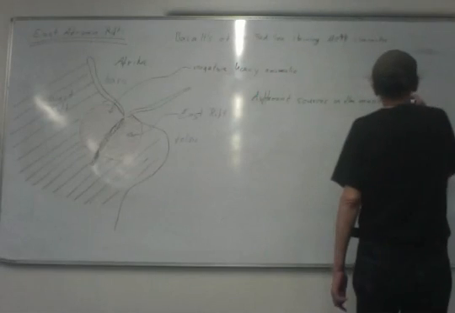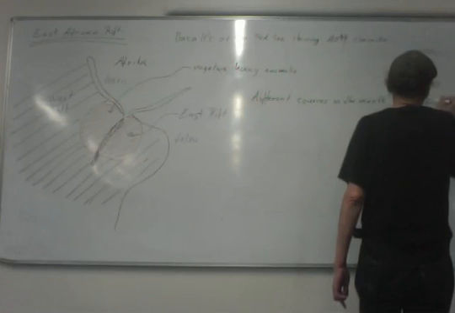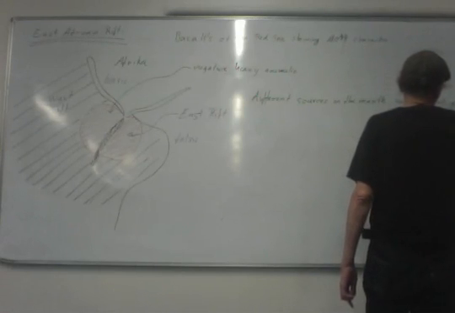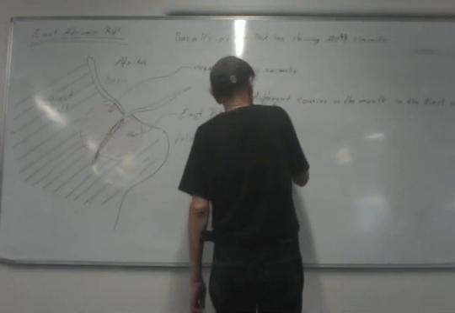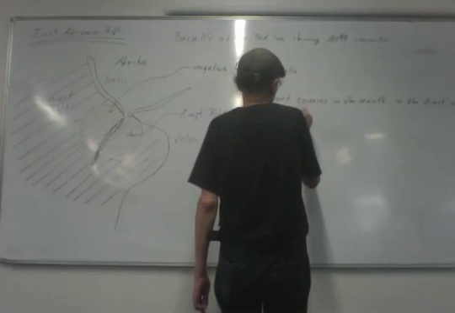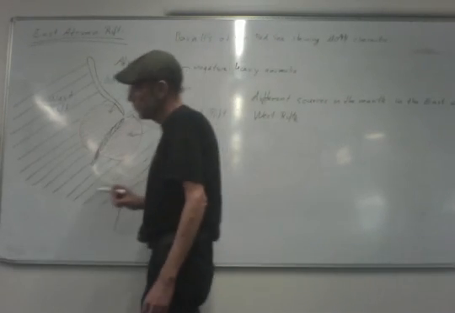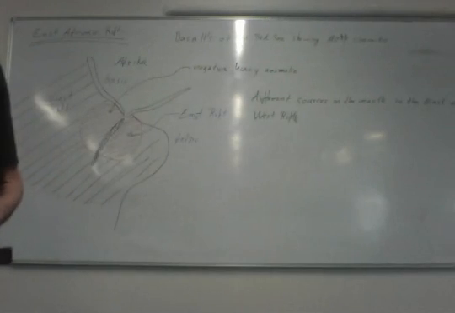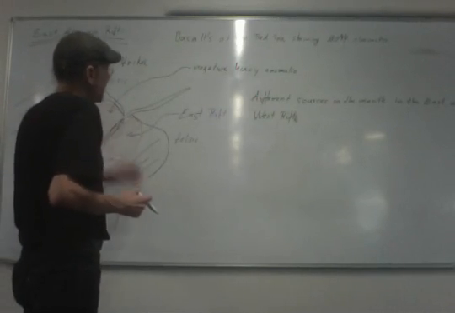Different sources in the mantle in the east and west rift. But why should we have there on such a small scale different sources in the mantle?